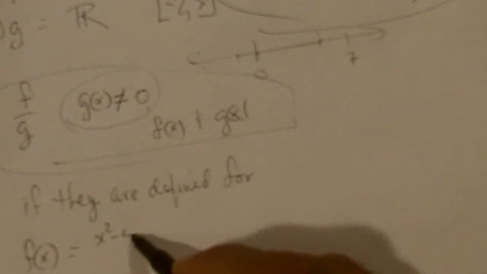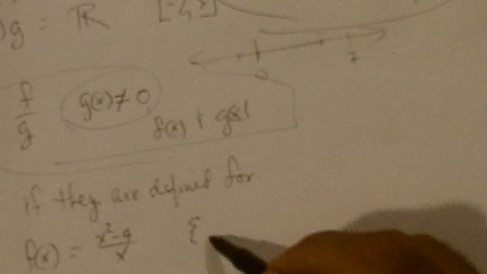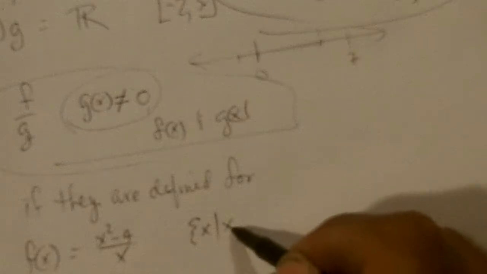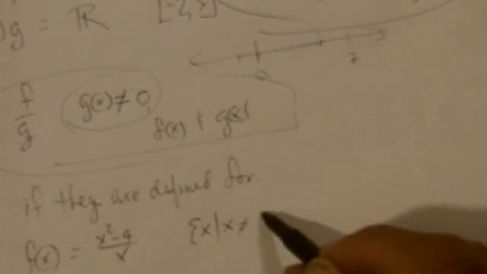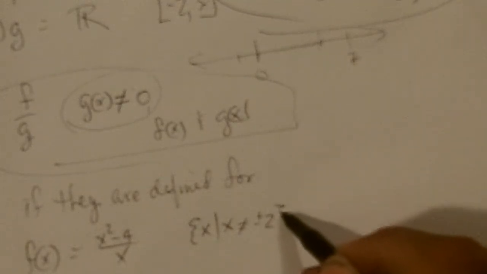Okay. And then 14. True or false? The domain of f of x, which is x squared minus 4 over x, is the set whose elements are numbers such that the numbers are not equal to plus or minus 2.